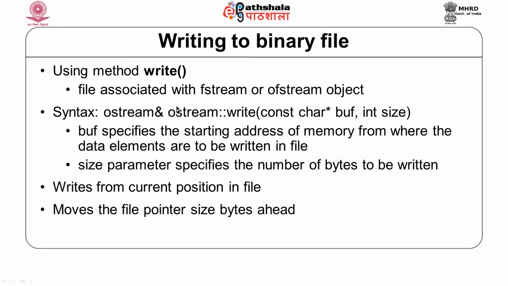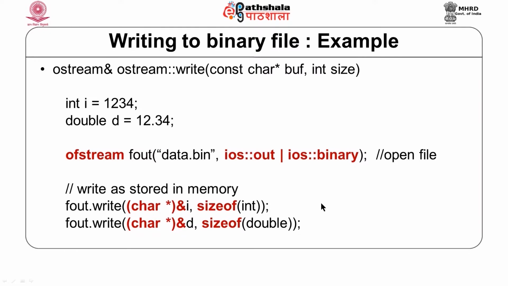It is the method of obviously the ostream class, and it returns the reference to the ostream. Write always takes place from the current position in the file, and after writing it moves the file pointer, obviously the put pointer, size bytes ahead.